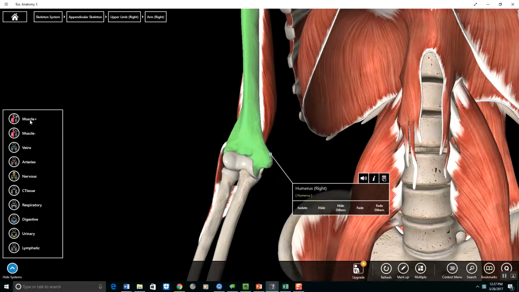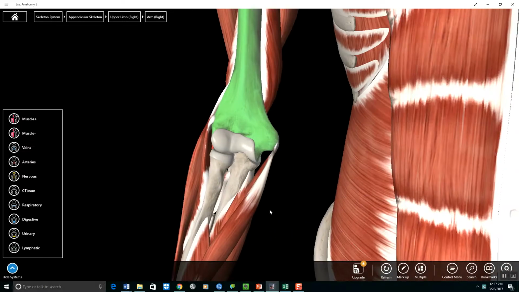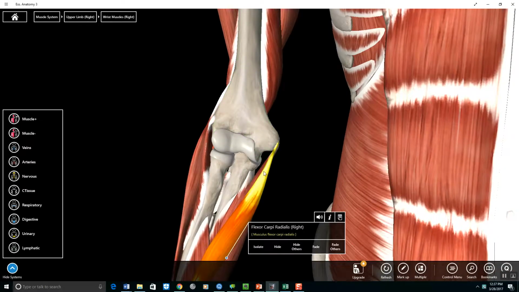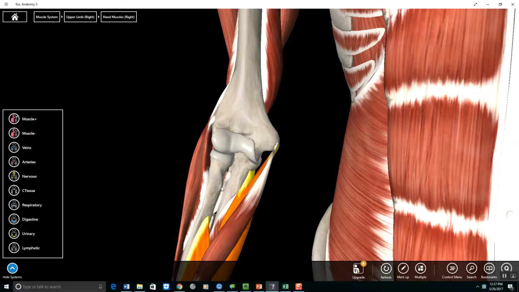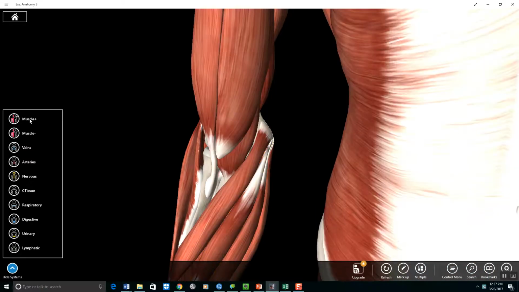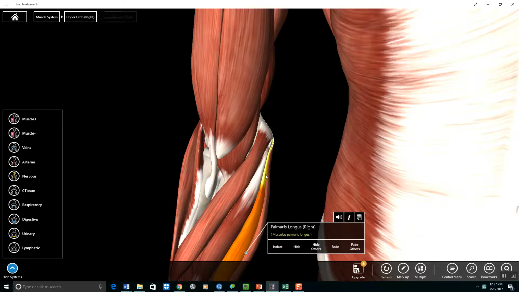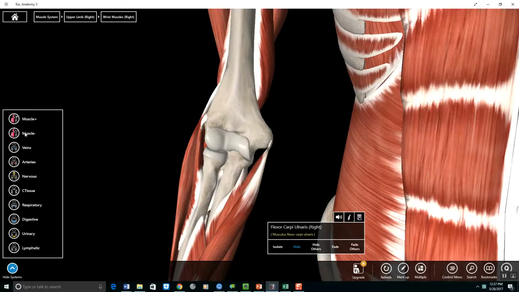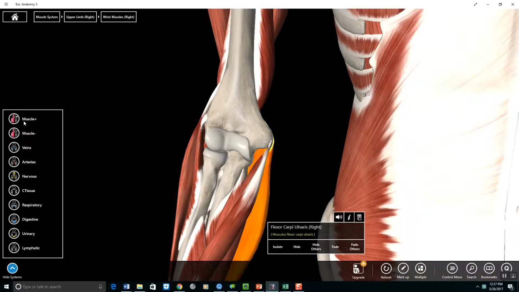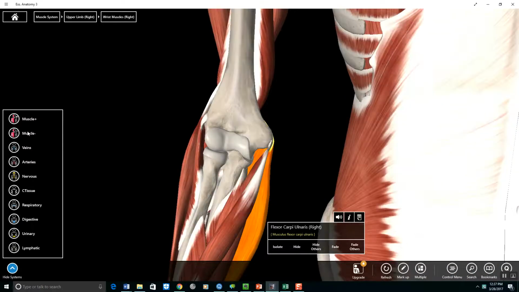So if I layer on the muscle tissue, you can see that there's the first connection here. We've got a couple muscles, the muscles that go to the hand and wrist, the flexor muscles of the hand. And as I just keep hitting this button, you can see more and more layers of muscles that go down to the hand and wrist. And there is approximately 1, 2, 3, 4, 5 muscles that attach to that bone.